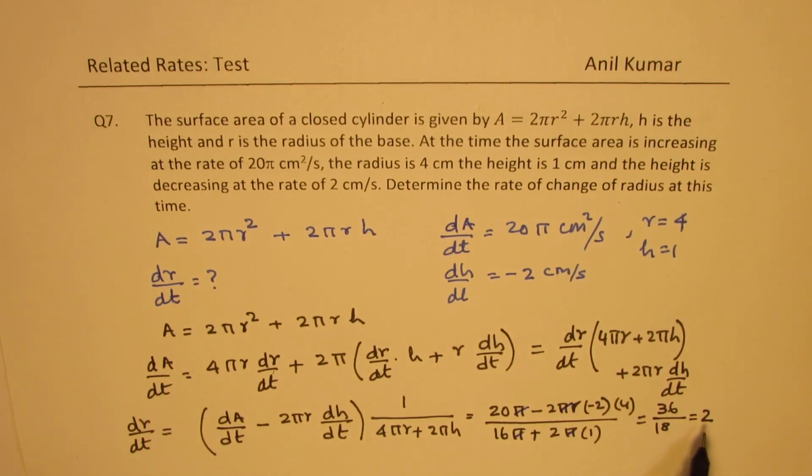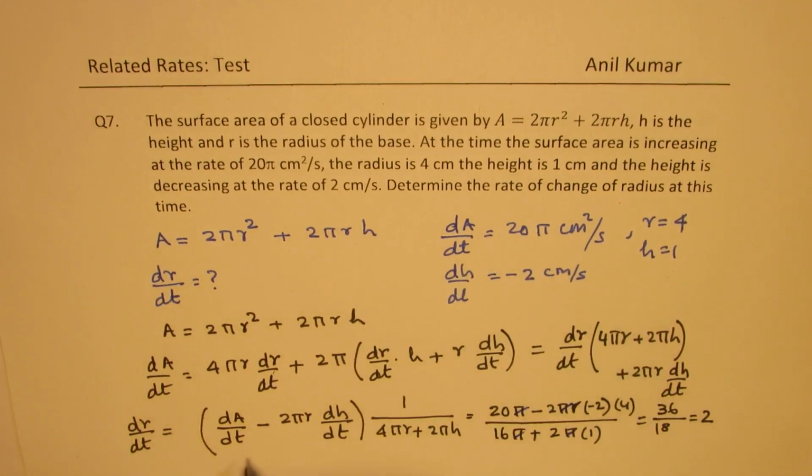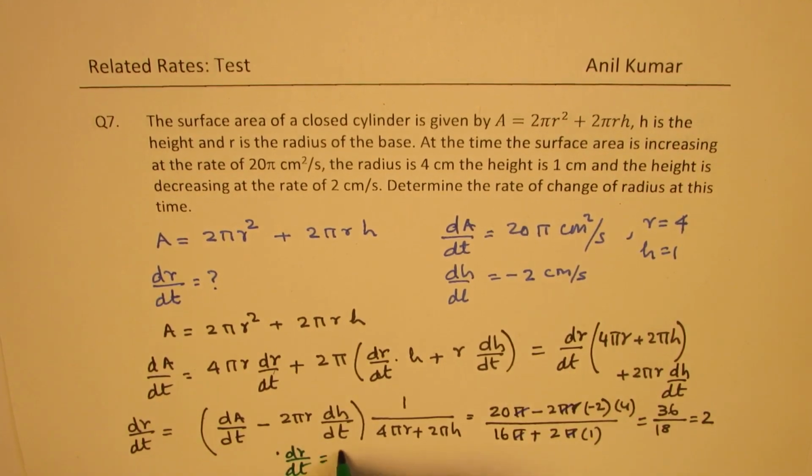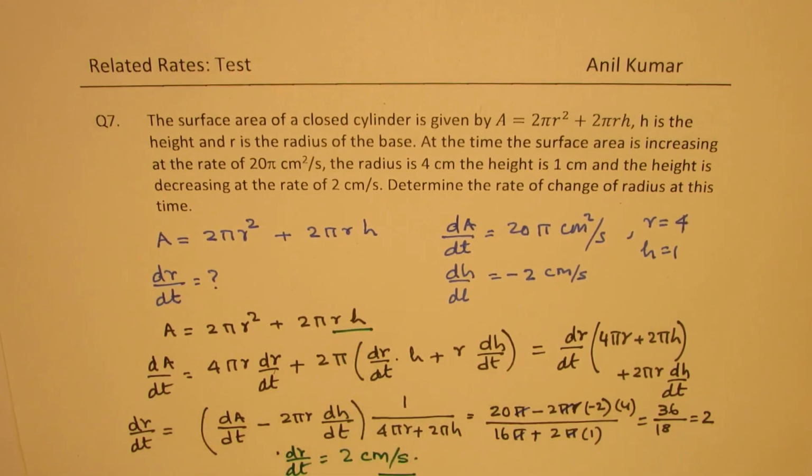So dr/dt is 2, and the units will be centimeters per second. So dr/dt equals 2 centimeters per second. Is that clear to you? You may have to rearrange things like that, but you could substitute the values directly and then isolate dr/dt to find the result. Don't forget to apply the product rule at this stage. So I hope that makes sense.